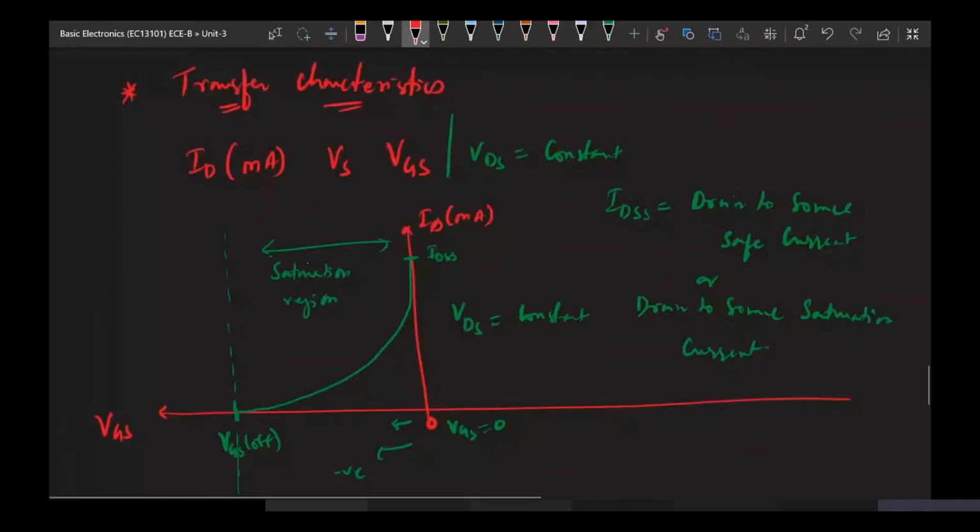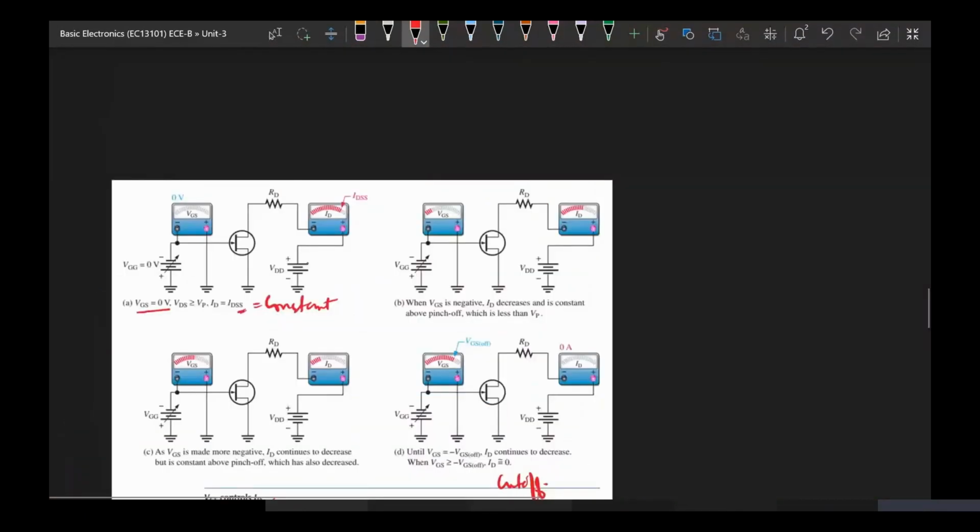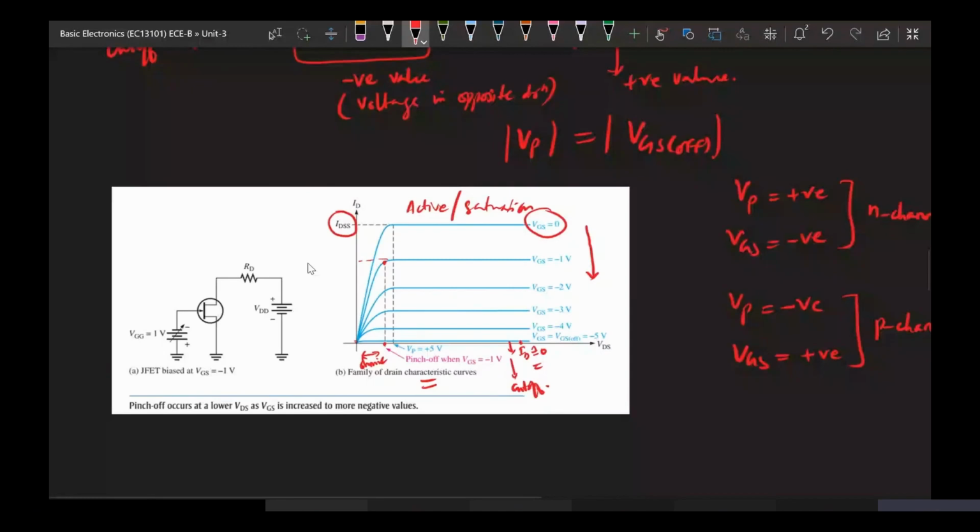With respect to drain characteristics, this is your IDSS. This occurs when VGS equals 0, and this is the point of pinch off. Beyond pinch off, whenever we increase the VDS, whatever current will be flowing will be your IDSS when VGS equals 0. So this IDSS is defined only for VGS equal to 0.